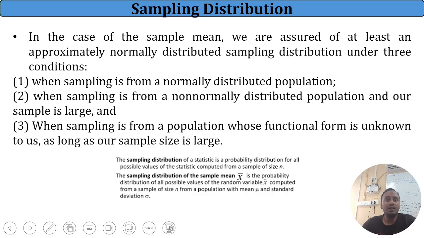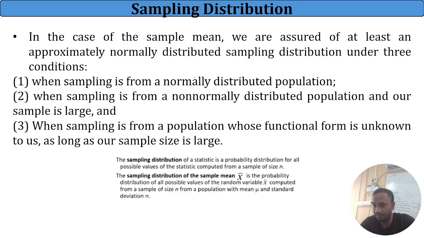In the case of the sample mean, we are going to assure at least an approximately normal distribution under three conditions. When we take a sample, its mean should be approximately normally distributed. The first condition is when sampling is from a normally distributed population.